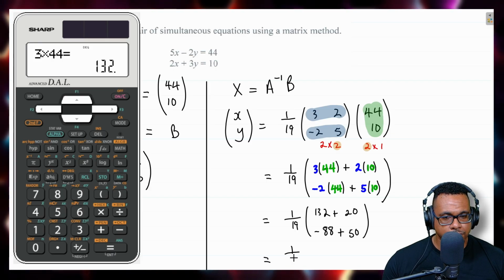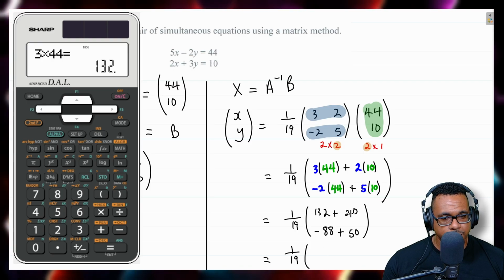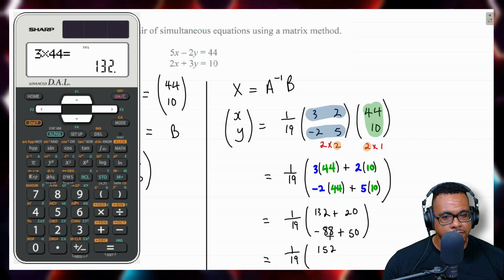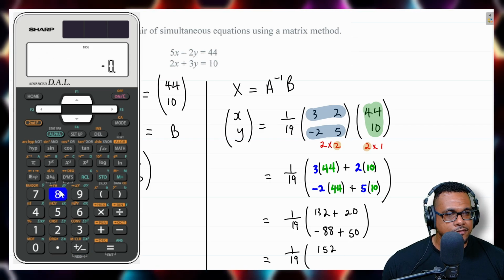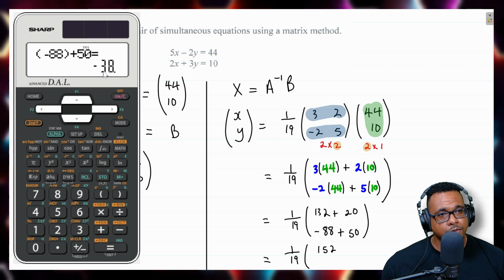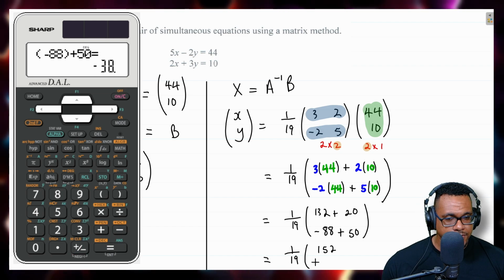So that's 1 over 19 times 132 plus 20, which is 152. And negative 88 plus 50 is equal to negative 38. So we have negative 38.